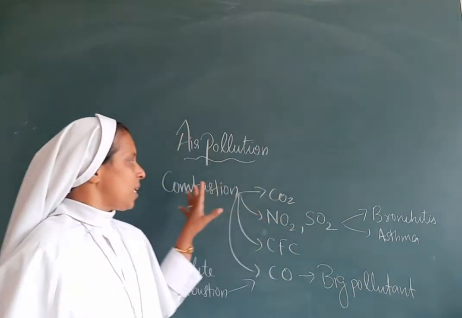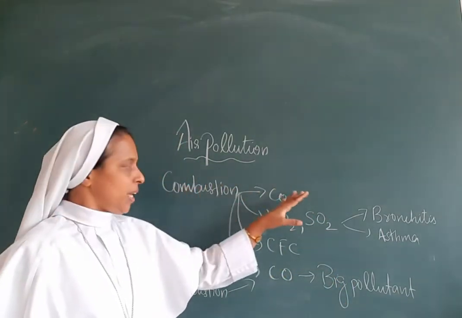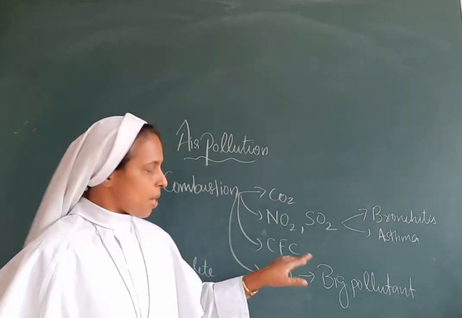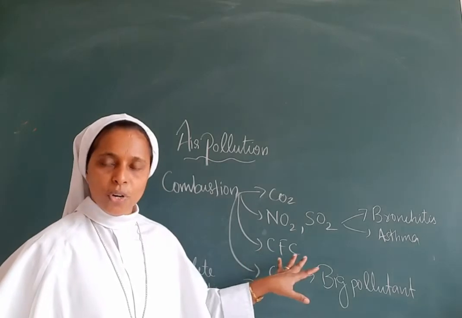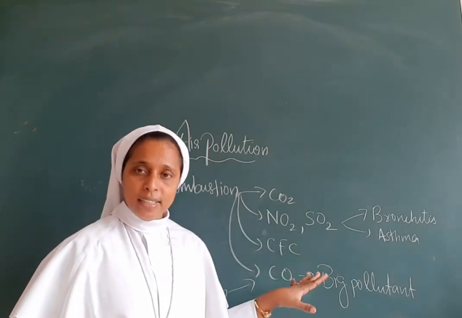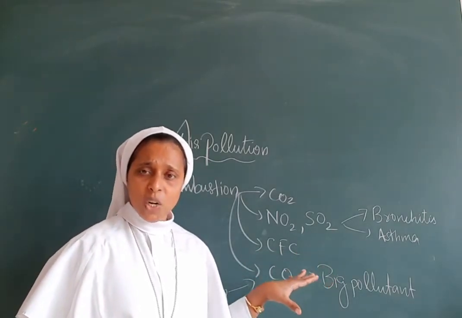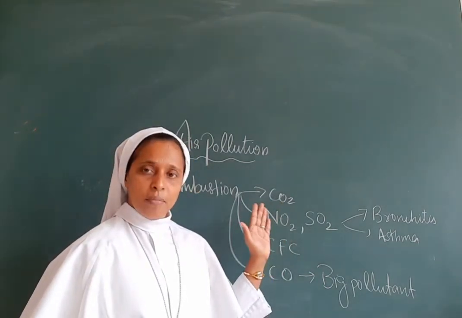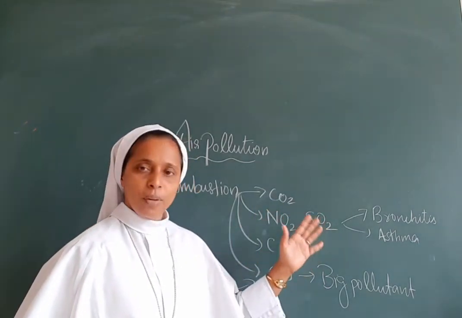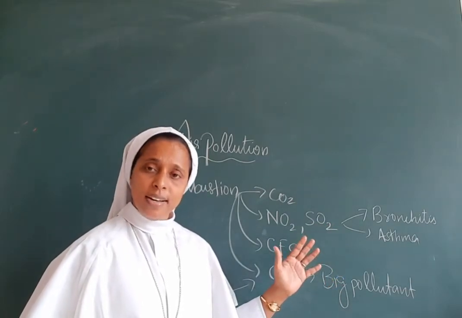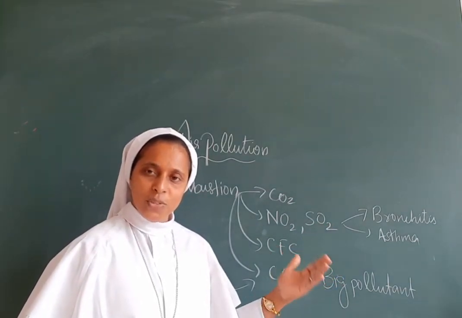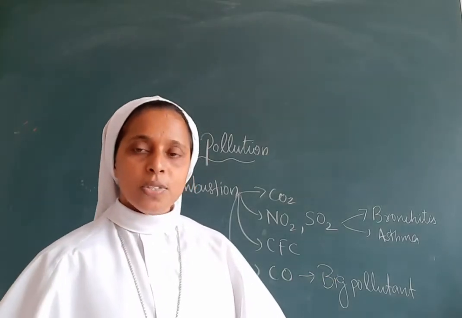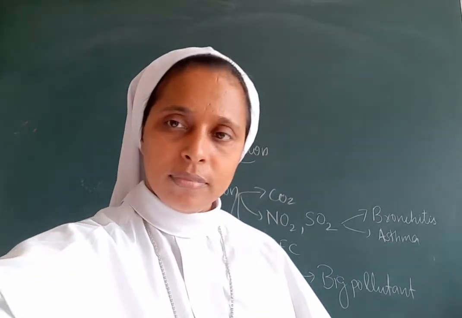Chlorofluorocarbon, we are using it in the refrigerator as the coolant agent. So due to combustion, all these are moving to the atmosphere. Any undesirable materials going to the environment or to human beings is called air pollution. So let's see ahead.